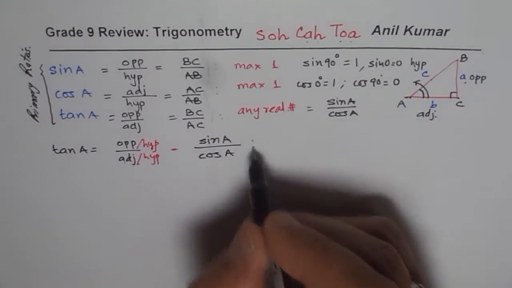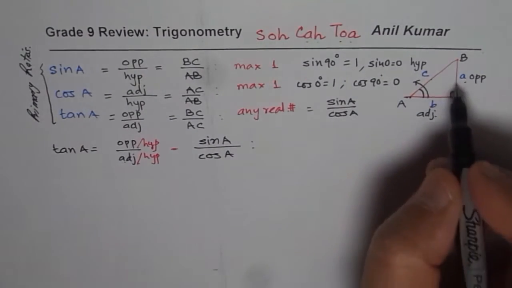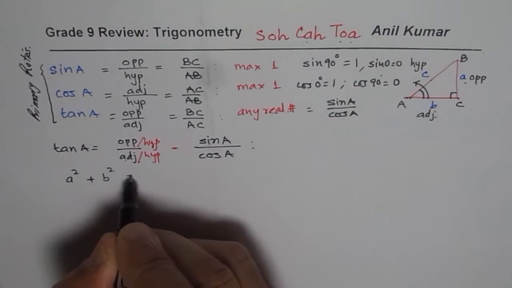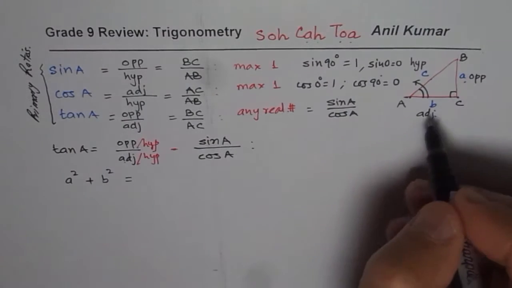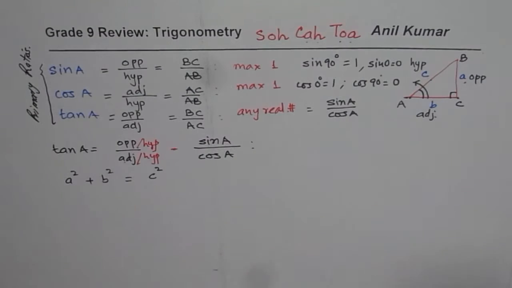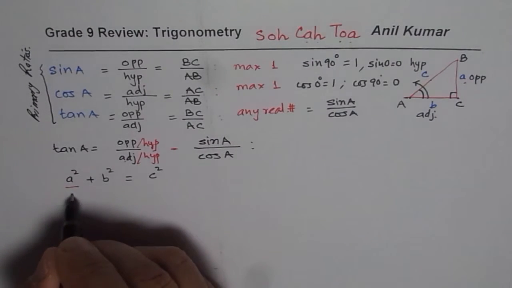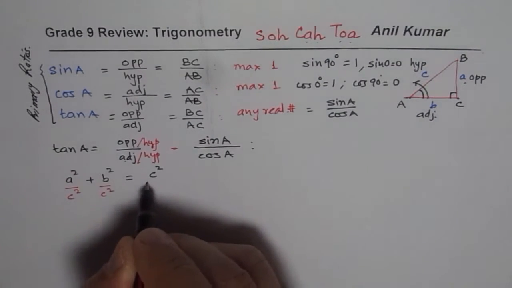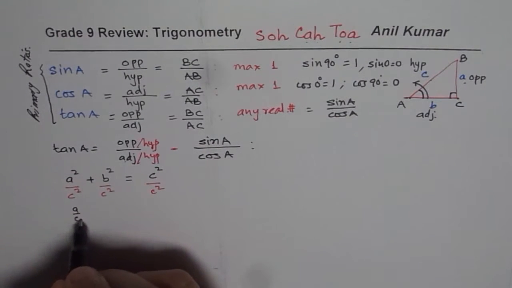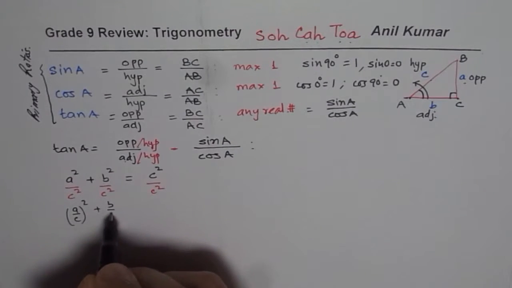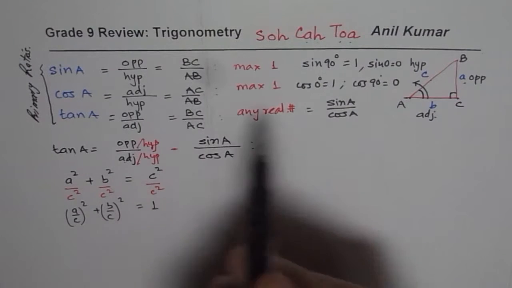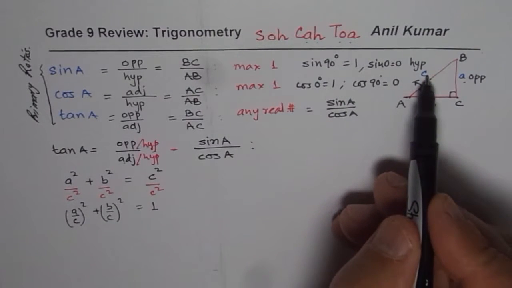The second exercise we like to introduce here: in a right triangle, what is a square plus b square equal to? By the Pythagorean theorem, a square plus b square is c square, right? Now if I divide everything by c square, I get (a over c) whole square plus (b over c) whole square equals 1. a over c is what? a is opposite, c is hypotenuse.